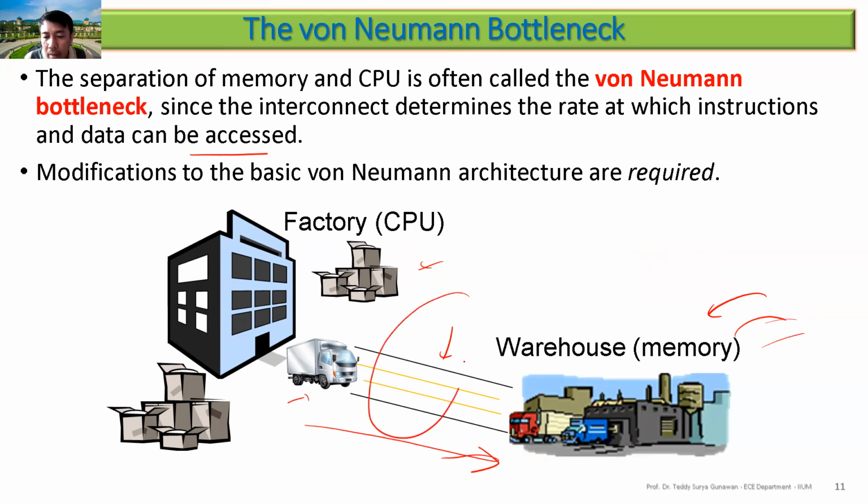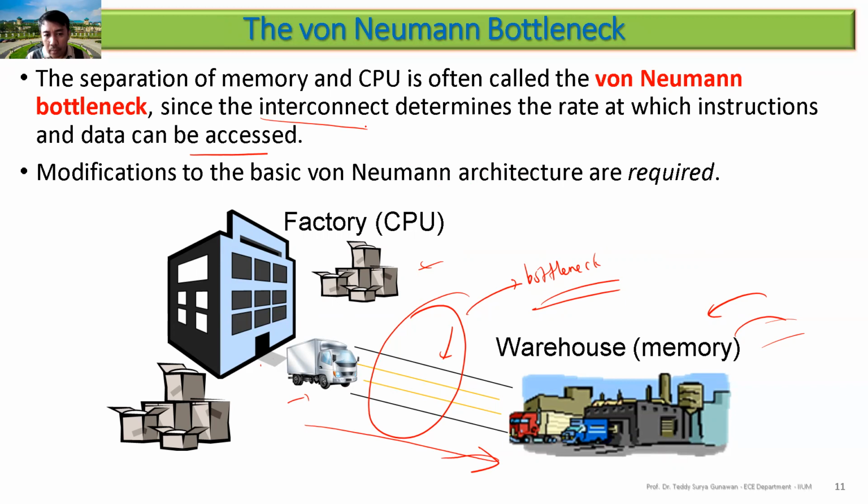So this becomes the bottleneck because the road is limited. Even if you have multiple trucks, you still need to queue, because the bottleneck is on the interconnection.